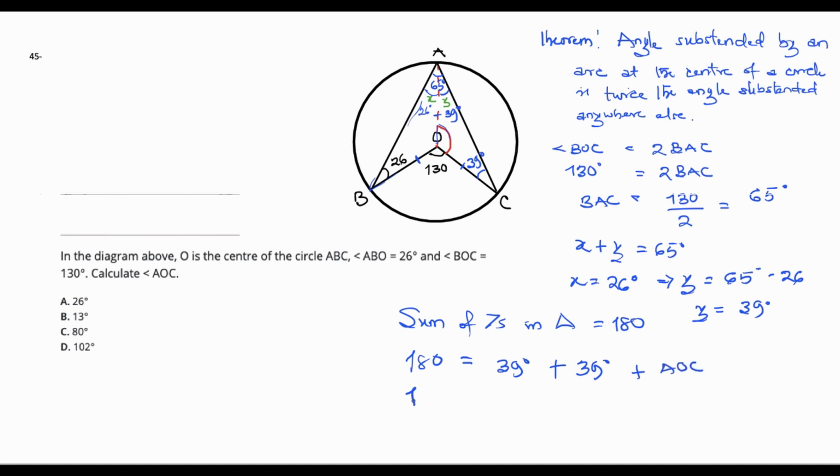So 180 is equal to 39 plus 39, which is 78 degrees, plus AOC. So from here, we know that AOC is equal to 180 minus 78 degrees, and that's equal to 102 degrees. So angle AOC right here is 102 degrees. So the answer that corresponds to that is D.